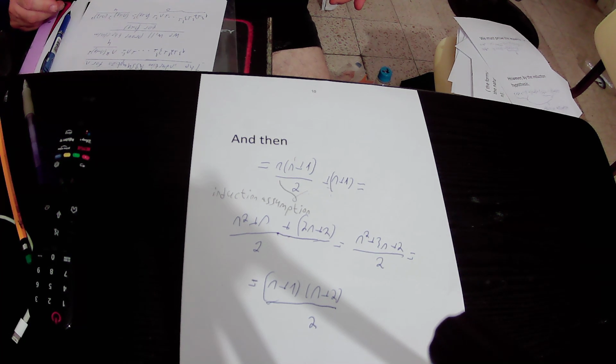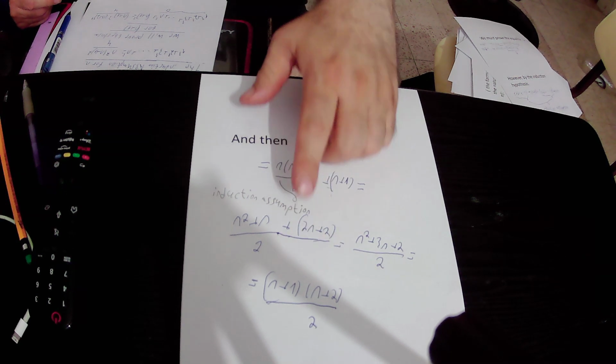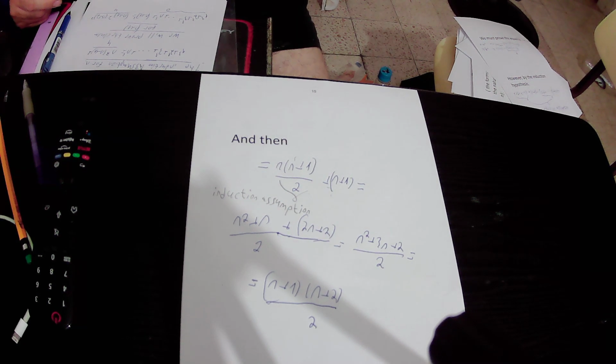Actually, we proved that 1 plus 2 plus 3 plus up to n plus 1 equals n plus 1 times n plus 2 divided by 2. Okay, so that is what we needed to prove. Okay, thank you very much.